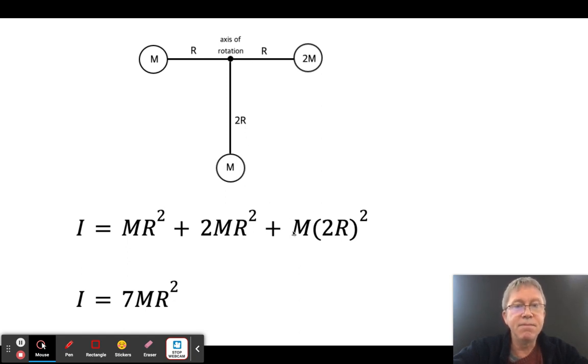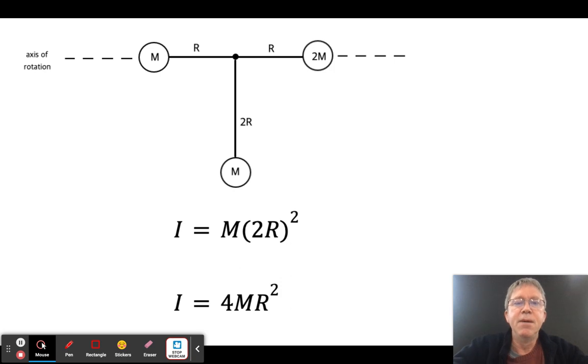It's a mass of m, but it's 2r away. So that's m times 2r squared, that's 4mr squared, plus 2mr squared, that's 6, plus 1 over that. So it's 7mr squared. Those are the kind of assessments of the situation you're going to have to make at some point on the test to show that you understand that it's the sum of the mr squares. But now look at this.